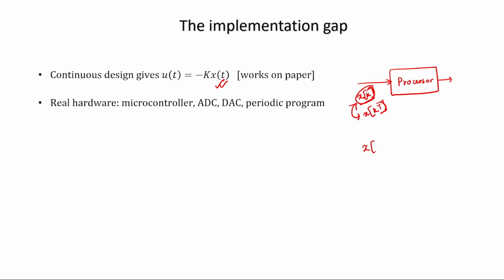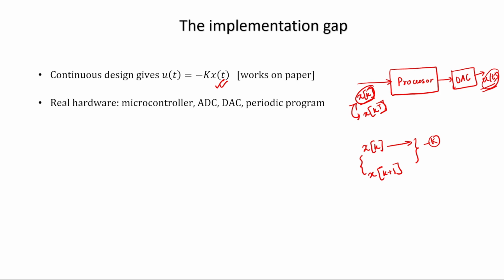For example at x(k) you got some value of the state, and from x(k) to x(k+1) the value of x will hold. The processor will multiply by minus K, and the output will also be a discrete signal, which will then have to be passed through a digital to analog converter to convert it to u(t), and then you can ask, can we use this u(t) in the actual system?